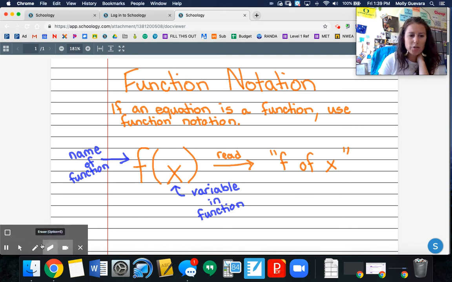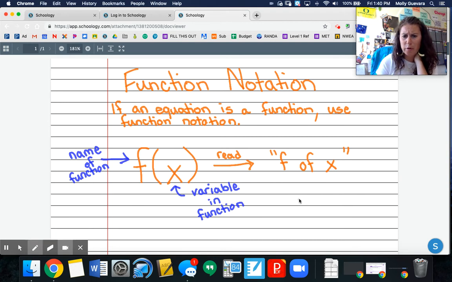So I want to show you a couple little examples here, kind of off to the side. So for example, if I have g of y equals 2x plus 5, this does not make sense because this right here is telling me that the variable in the equation has to be a y.